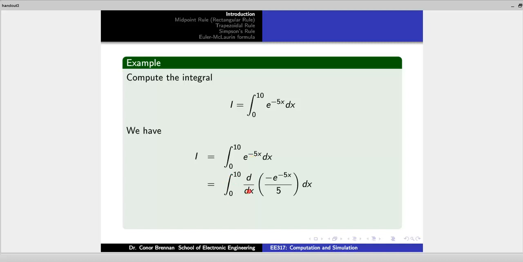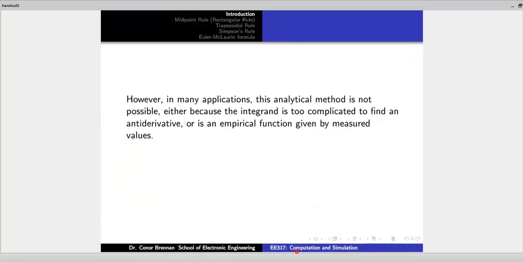And the integral of the derivative of something is just equal to something itself. So we get minus e^(-5x)/5 evaluated at the limits, at 10 and at 0. We can flip the limits and get 1/5 (1 minus e^(-5 times 10)), or 1/5 (1 minus e^(-50)).